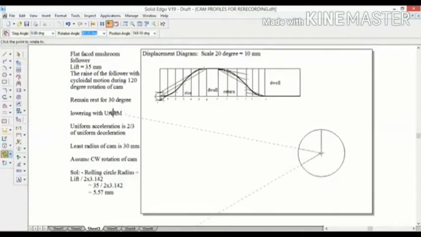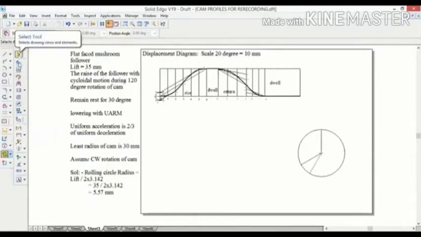The next we have dwell for 30 degree. So the angle is 30 degree. And then keep the protractor on the line we just completed, and rotate and measure 72 degree.